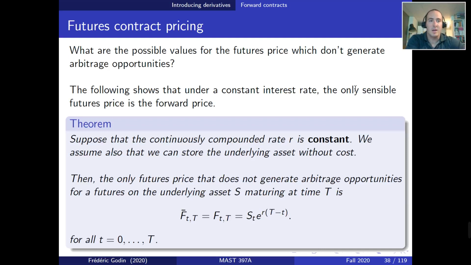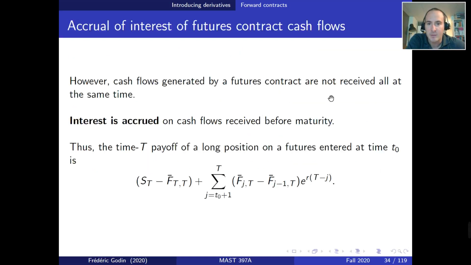Last time we saw that for futures contracts, the cash flows occurred throughout the life of the contract instead of simply at the maturity date as for forward contracts. Maybe we could go back a few slides.